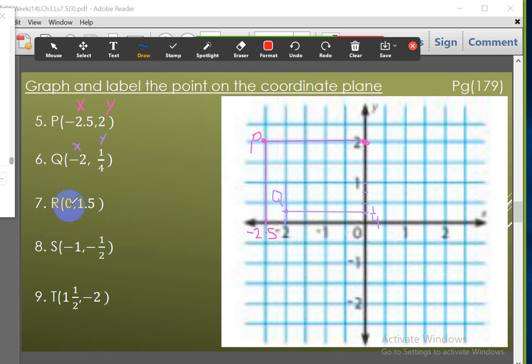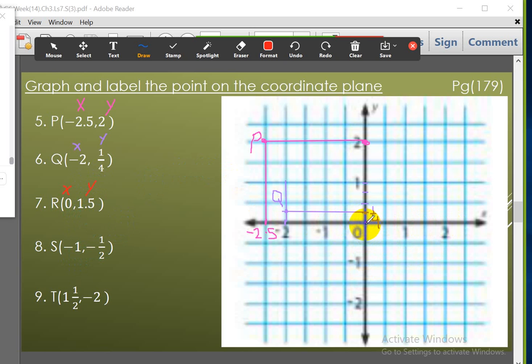Now R is 0, 1.5. The first coordinate is X and the second one is Y. Now, the X is 0. That means this is the 0 point, right?